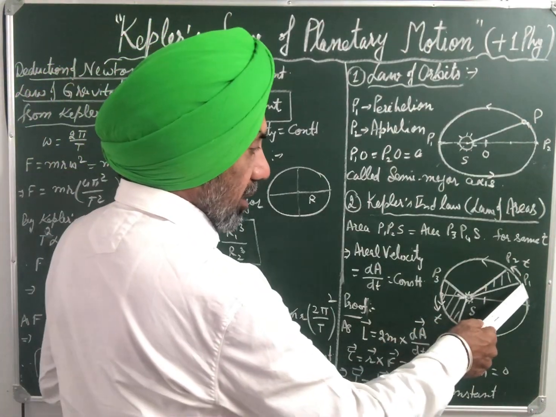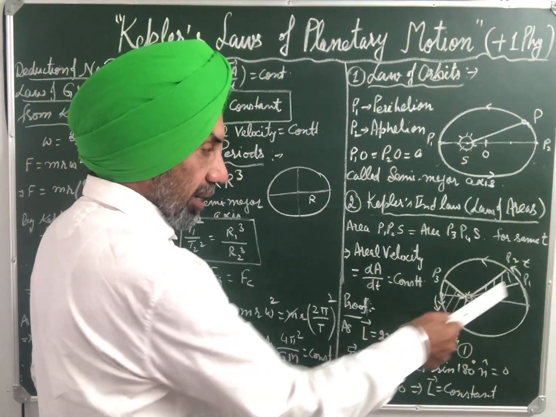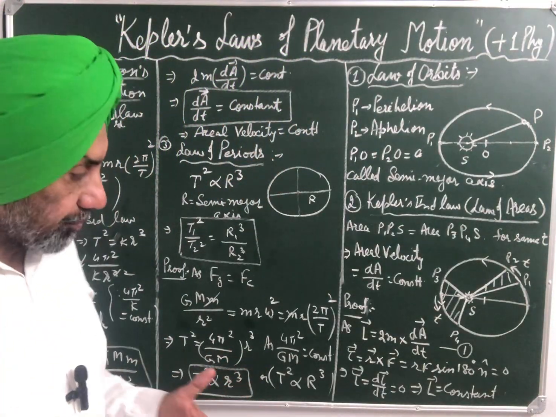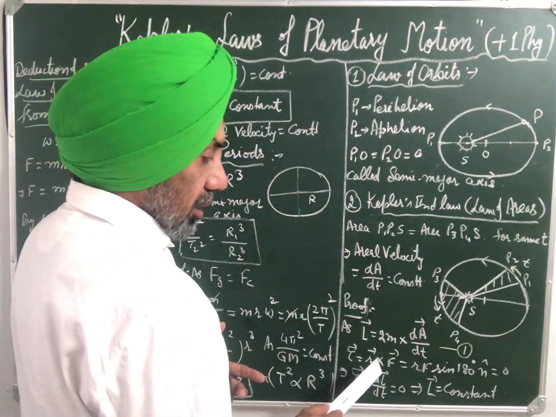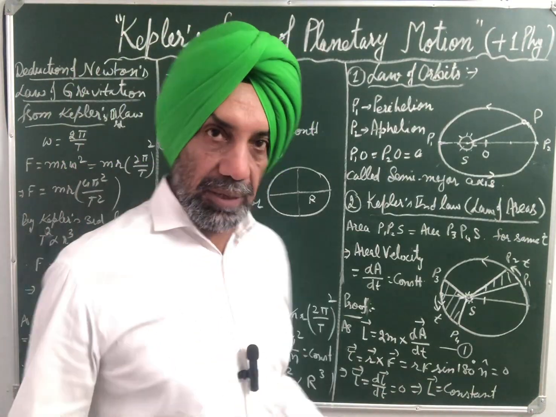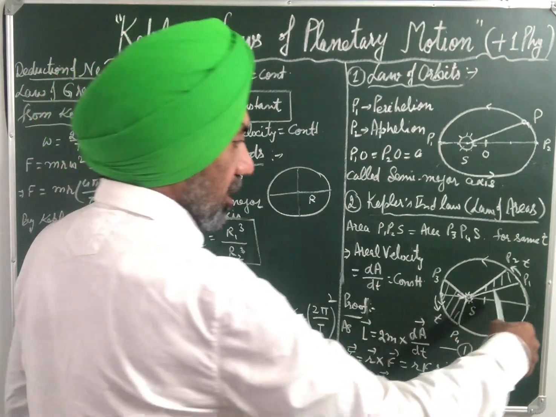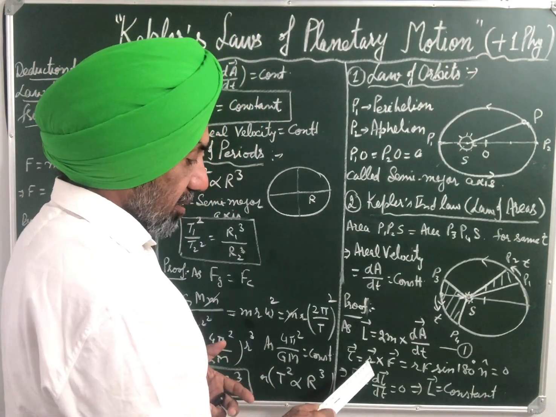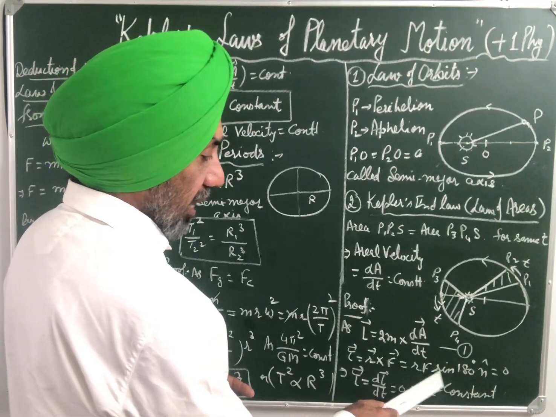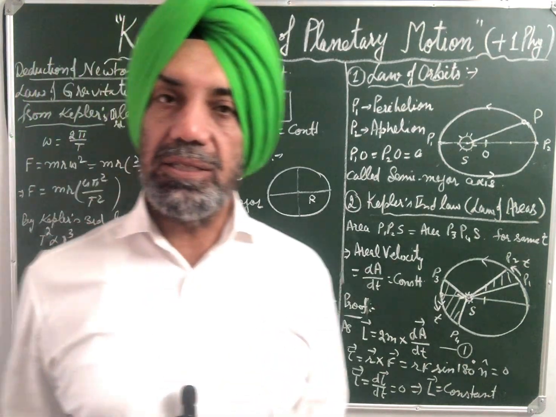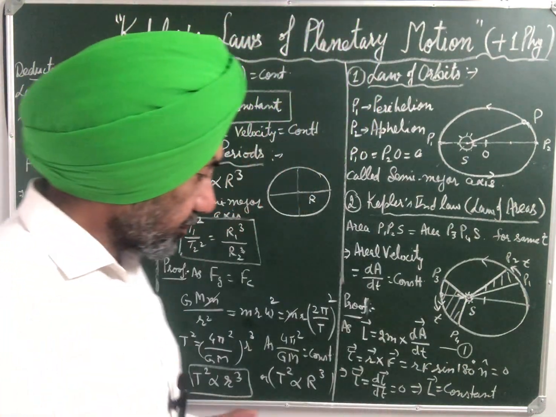So the angle between the gravitational force, which acts toward the center, and the radius vector, the radius of the orbit, is 180 degrees, or they are opposite to each other. F towards center, r away from center. So therefore the torque acting is given by r cross F, that is rF sine 180 degrees, which is equal to 0, because sine 180 degrees is 0.